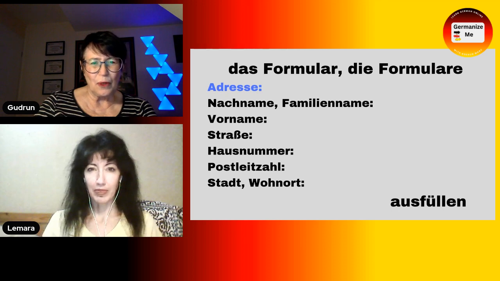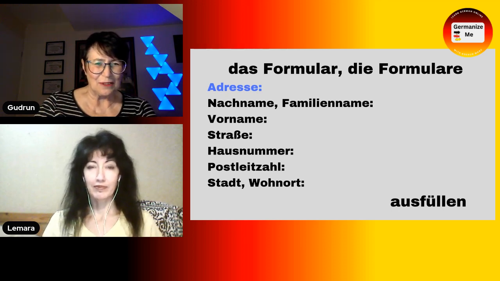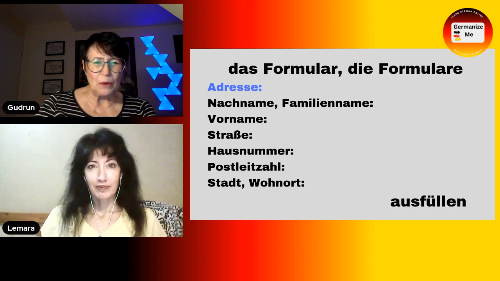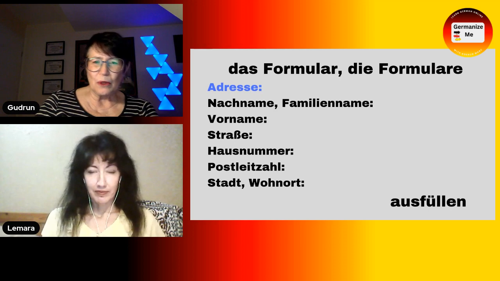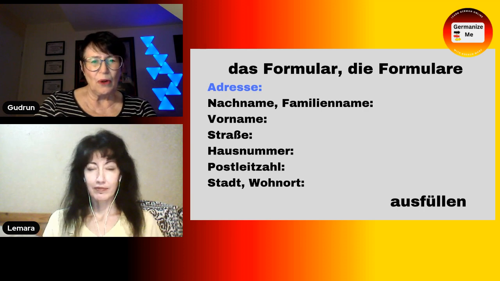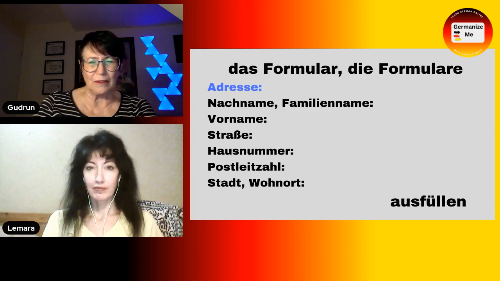Wohnen means to live. So it's the place where you live. In forms, you can find both, so you don't get confused whether there is city you live in or Wohnort. That also means the place where you live, can be a village, a city, whatever.